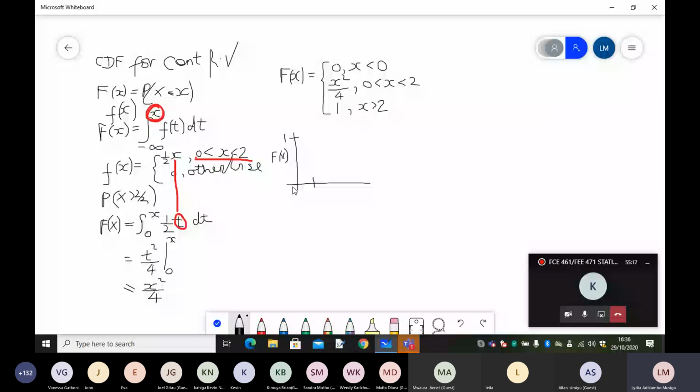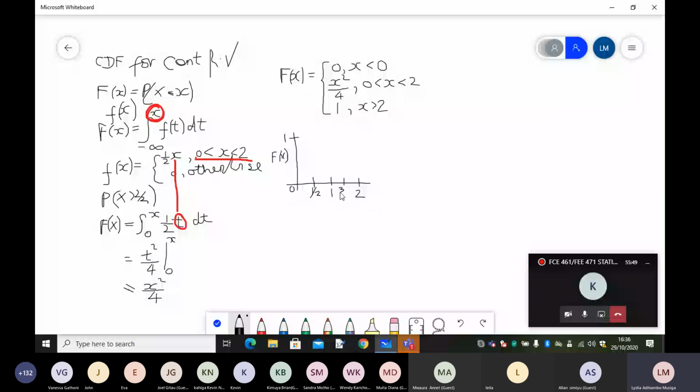Let 0 be at the intersection of the axes. Say this one is 2, and that one is 1, here we have a half, and here we have 1.5, which is 3 over 2.